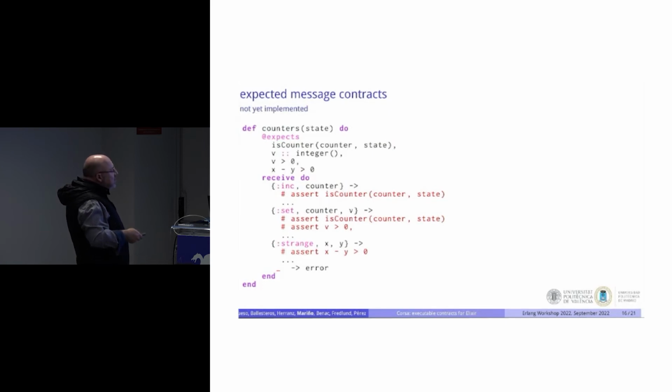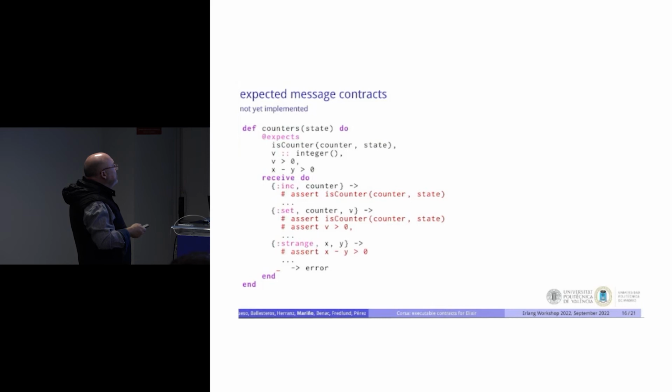So we are going to extract the variables from the patterns and then generate the assertions from the specification in the expects clause. So in this case, v greater than 0 means that, okay, there's only this pattern clause that contains v, so we have to assert this here. But there are two clauses containing counter.